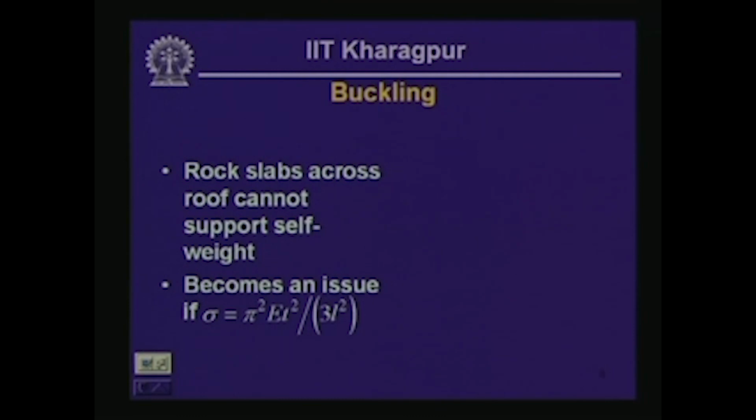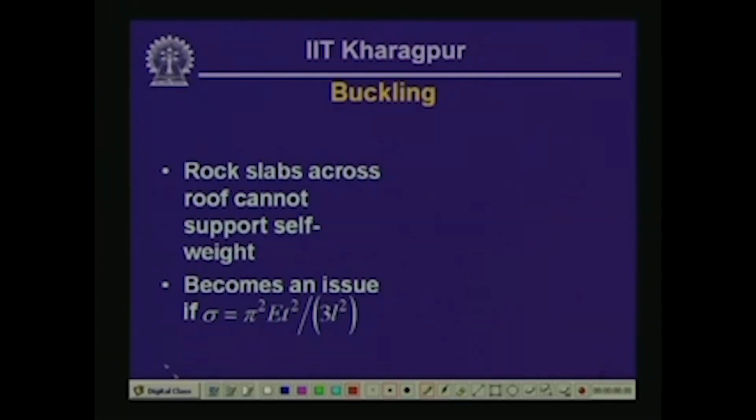In this case, the roof slabs cannot support the self weight, as was the case when we were discussed horizontal bedding, but the problem is accentuated because of the direction of the major principal stress, or the confining stress.